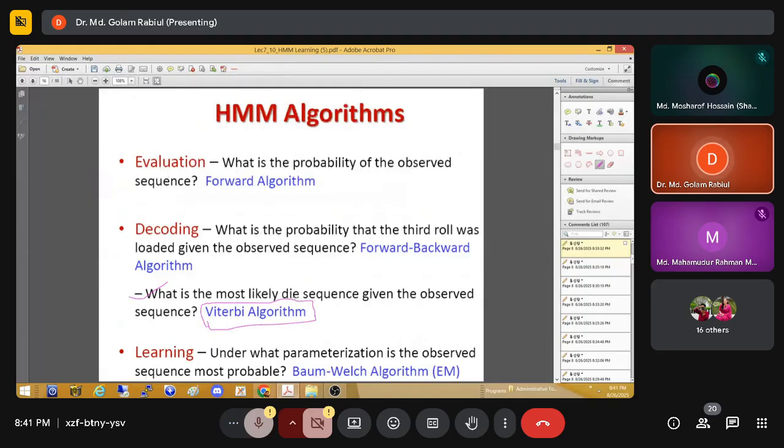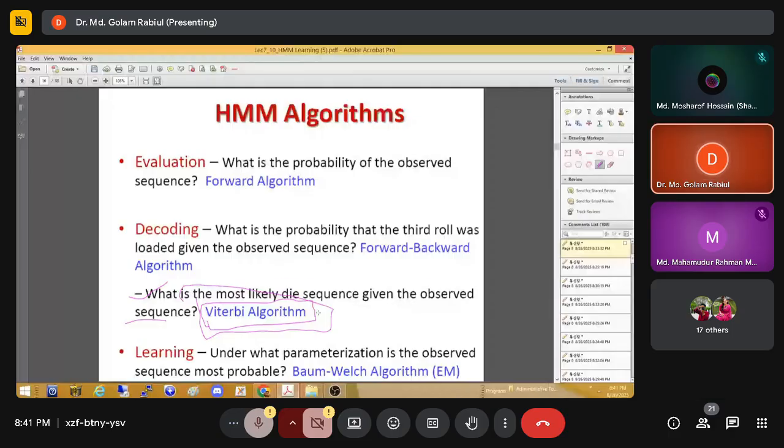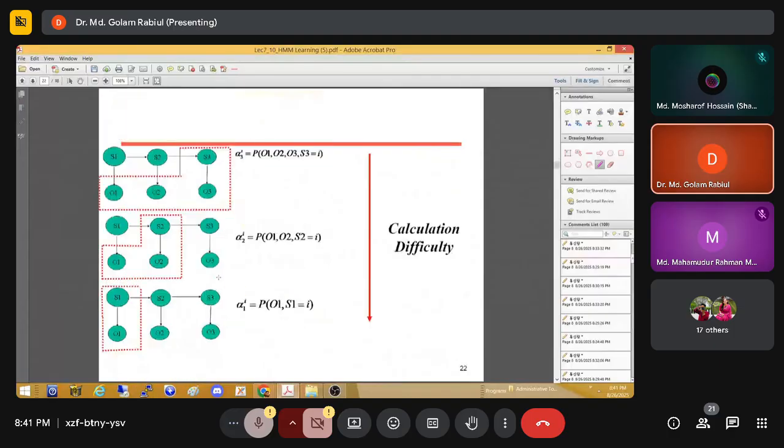What is the most likely die sequence given the observed sequence? At first we want to derive the equations of the Viterbi algorithm and then apply it to solve the problem. This is called decoding problem 2.